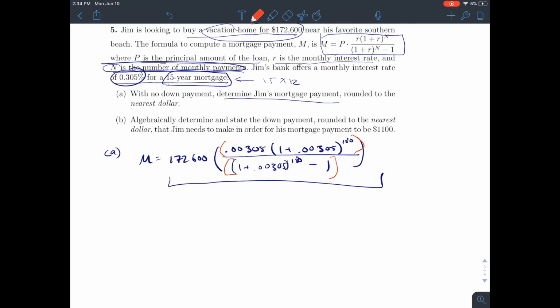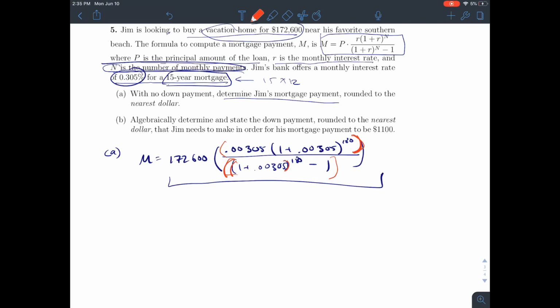So 172,600 times parentheses 0.00305, open parentheses, 1 plus 0.00305, close parentheses, to the 180th power, close parentheses, now we've done our whole numerator, divided by open parentheses, 1 plus 0.00305, close parentheses, to the 180th power, minus 1, close parentheses.